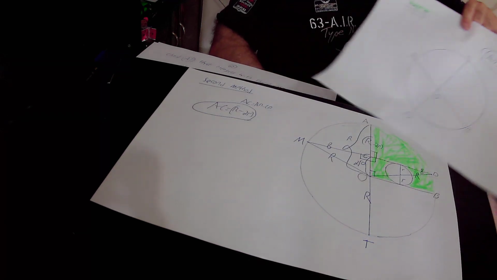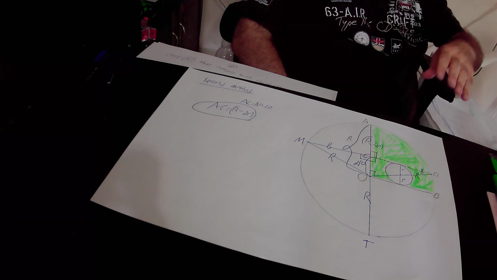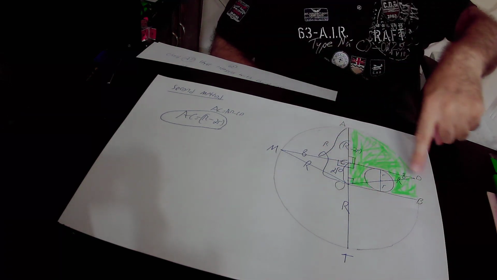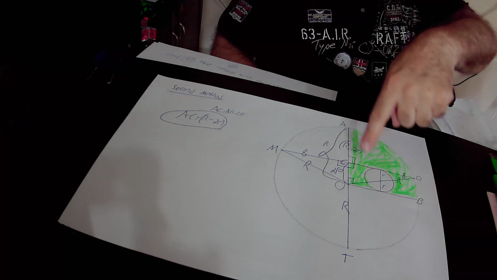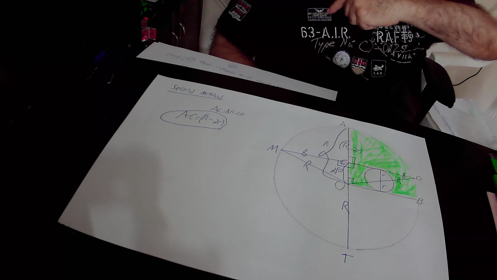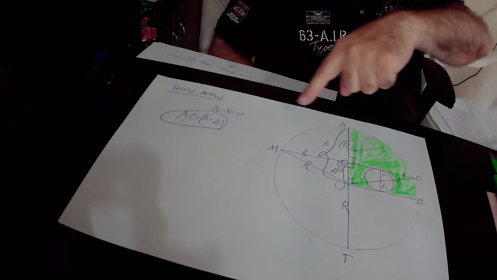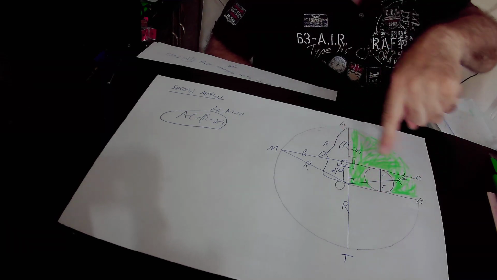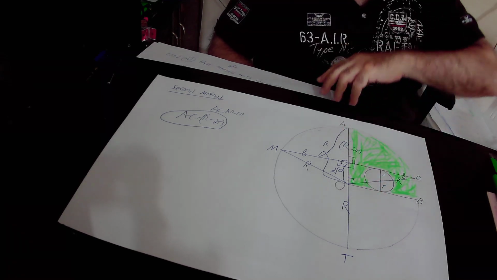You can implement rule number 11 in our drawing, because we have chord AT that intersects with chord MD at point C. Therefore, according to rule number 11, MC times CD equals AC times CT.